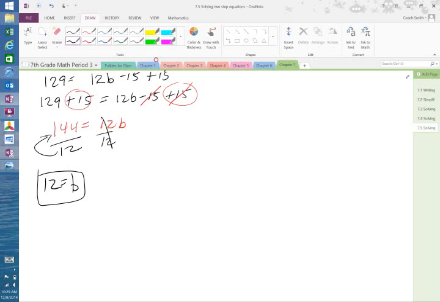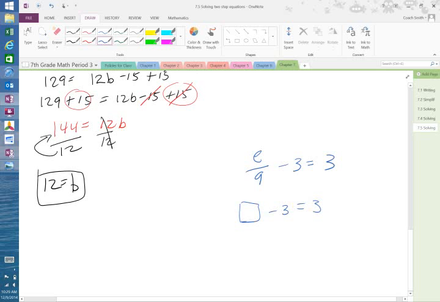All right, let's move to fractional problems. E over 9 minus 3 equals 3. Okay, and the way you need to think about this is this way. If I just said something minus 3 is equal to 3, what does that something have to be? 6.